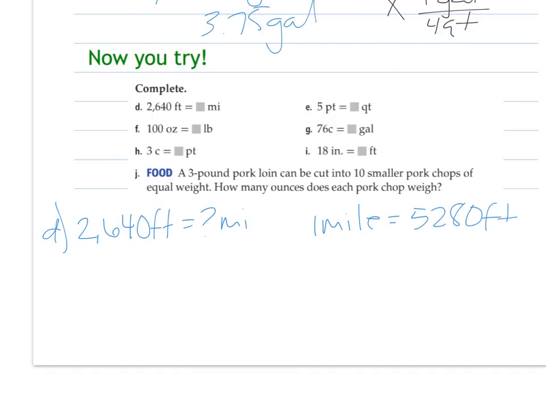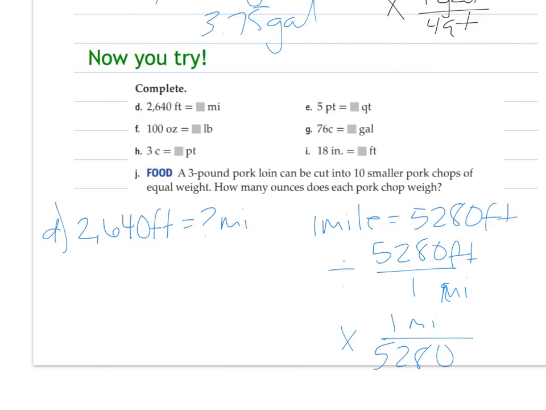So again, as a unit ratio, that would look like this. And I'd be dividing by that. Well, instead of dividing, I'm going to multiply by the reciprocal. And I'm going to multiply here. So just multiplying by the reciprocal. So writing the 1 on top instead of in the denominator.